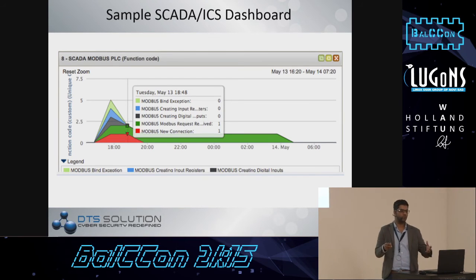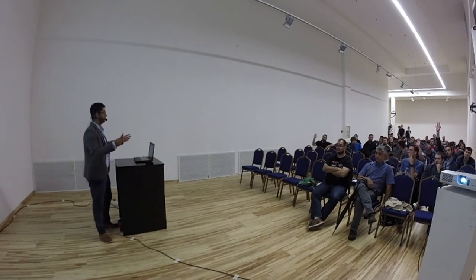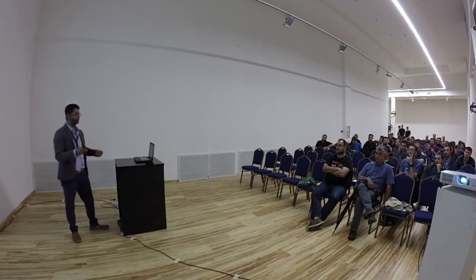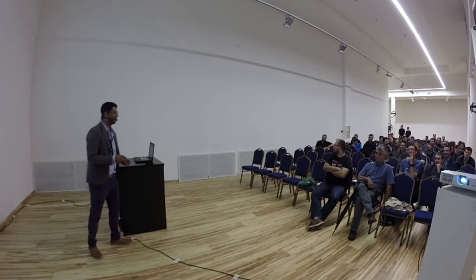So how many of you know the Modbus protocol? Okay, so the usual hands. All right, so just like in the internet world, we use HTTP. In the SCADA world, we use Modbus, okay? Modbus is a legacy protocol that's insecure.